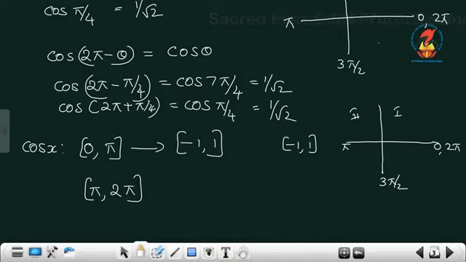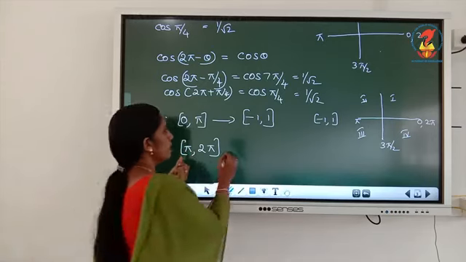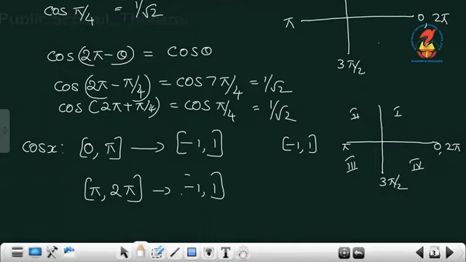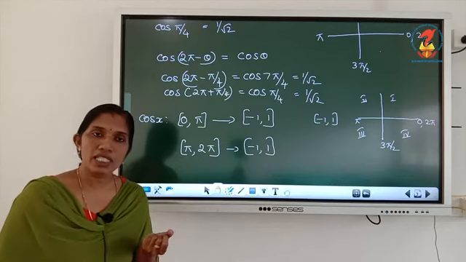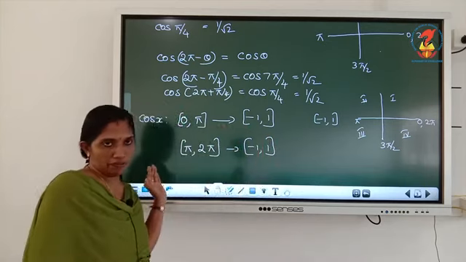Cos 3 pi by 2 is 0. And also in the third quadrant cos value is negative and in the fourth quadrant cos is positive. So when we define the function cos x from pi to 2 pi to -1, 1, then also the function is one-one and onto. So here also we can define an inverse.